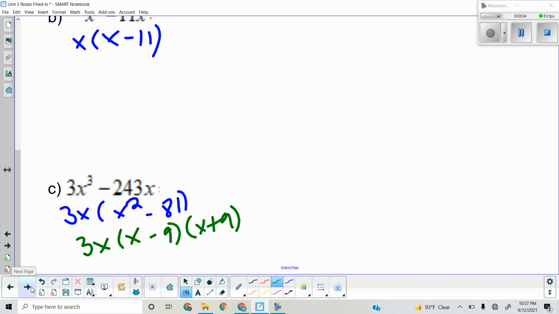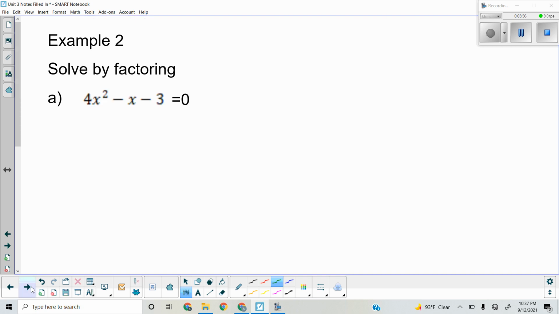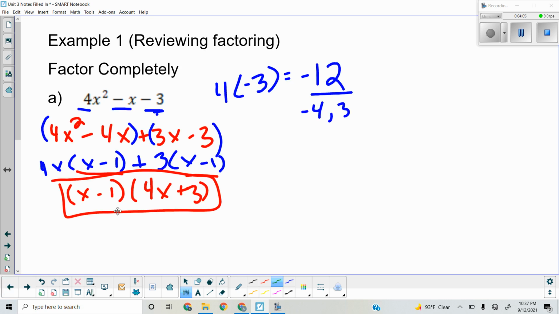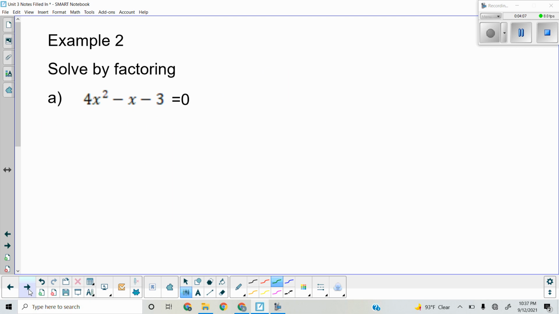So now we're actually going to solve. So now we have those same problems as before. So when we look back at A, we had x minus 1 and 4x plus 3 as our factors. So x minus 1, 4x plus 3 is our factored answer.